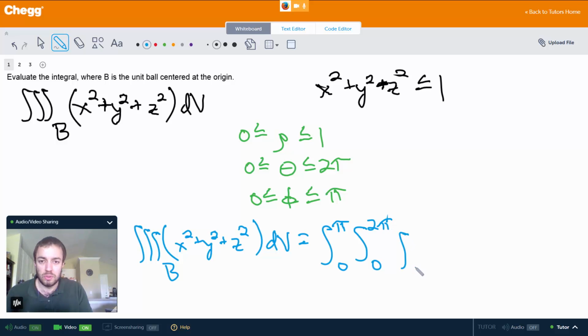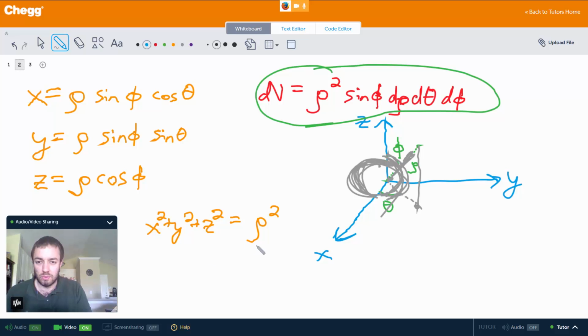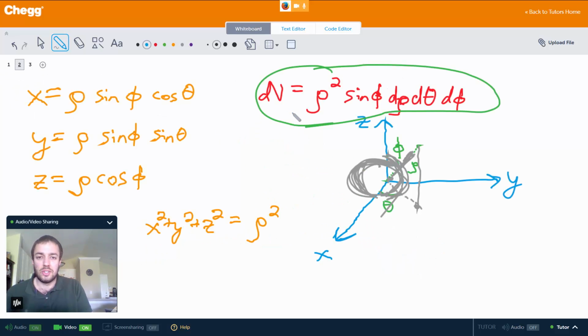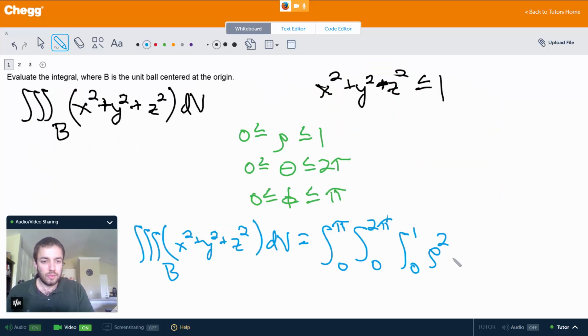And then for the inner integral, we have 0 to 1, because that's for rho. And then x squared plus y squared plus z squared, remember, that's just rho squared. And dv changes to rho squared times sine of phi d rho, d theta, d phi. So we have rho squared, that's another rho squared, it's different from the one that we get from here. Sine of phi d rho, d theta, d phi.